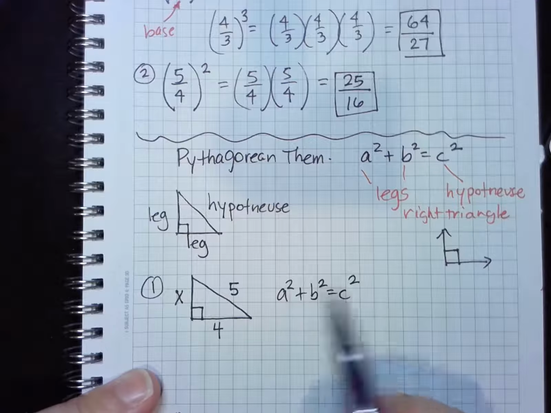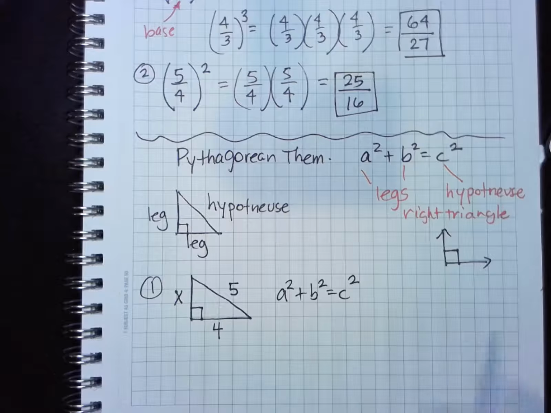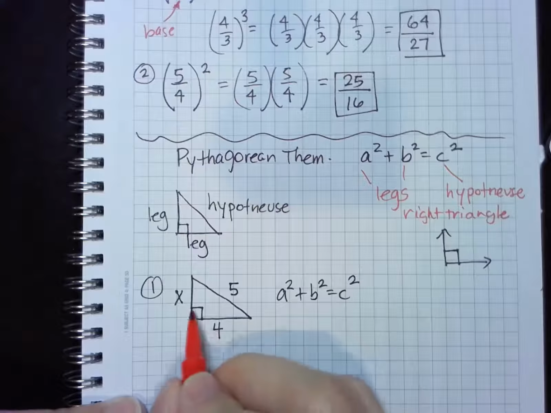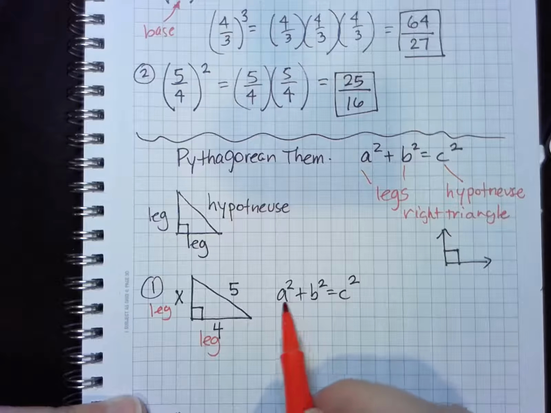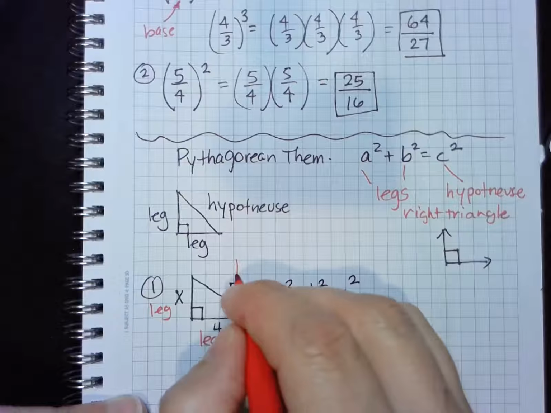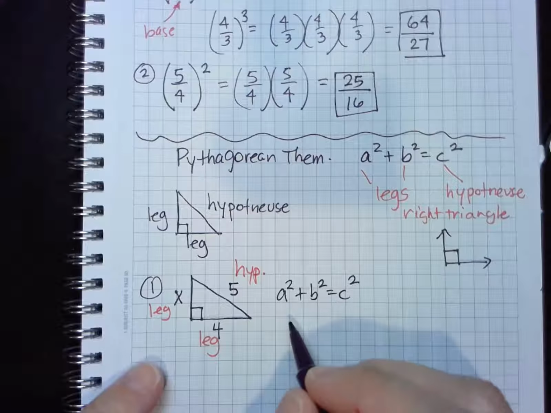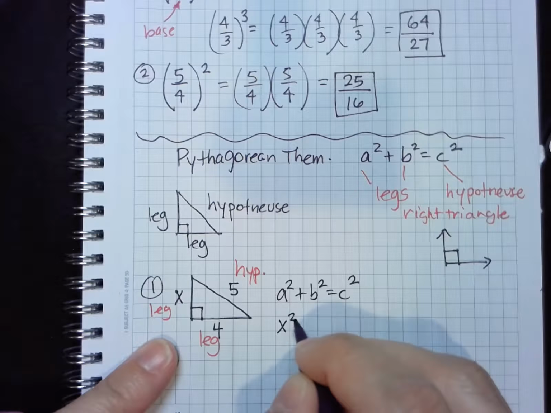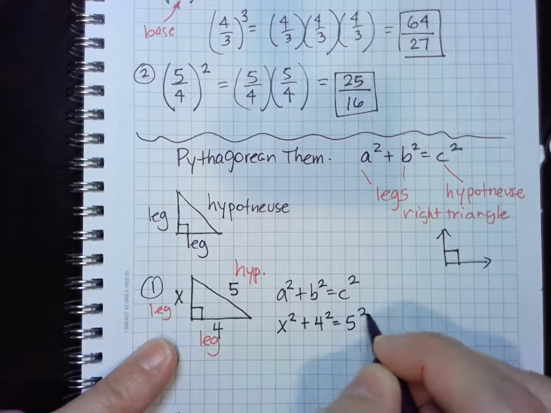So a and b, remember, are the legs, and c is the hypotenuse, and so I'm going to substitute those in. Remember, the two legs make the right angle, so this is a leg and this is a leg, and the a and b don't really matter. They're just the legs, either one. And then my hypotenuse is over here at the 5. So I would get x squared plus 4 squared equals 5 squared.